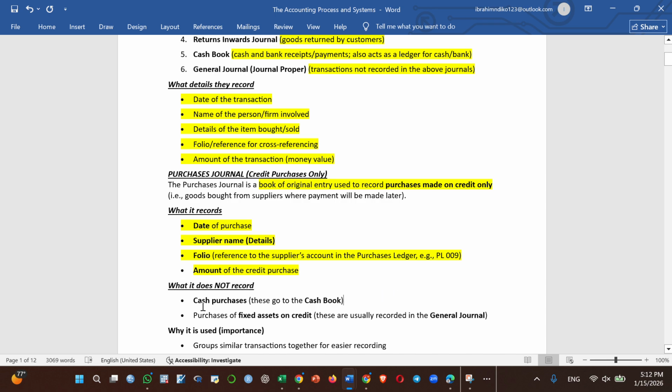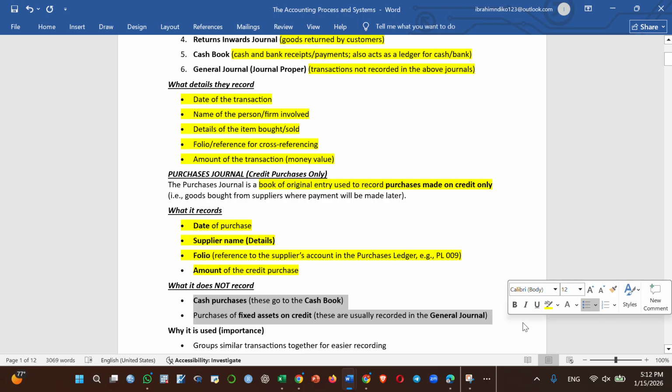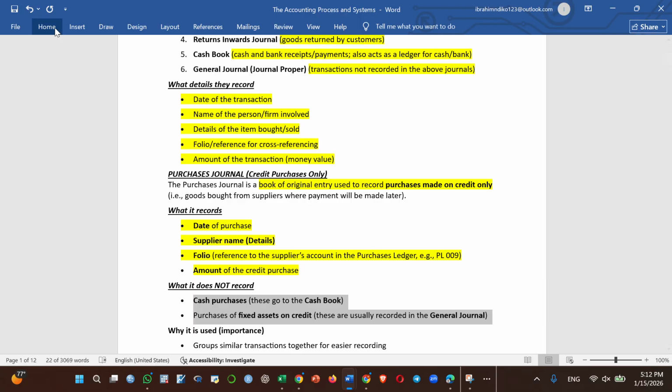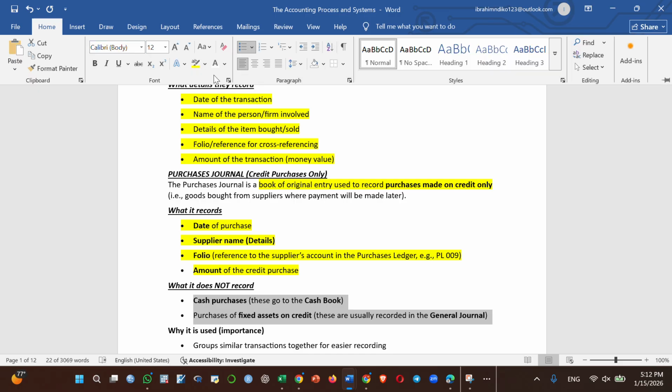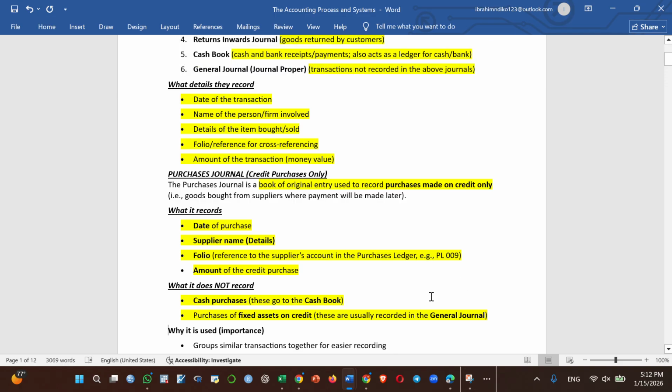Number one, it does not record any cash purchases or purchases of fixed assets on credit. So those are the two items you need to note. It does not record the purchase of fixed assets which were made on credit, and it does not record any cash purchases that were made.